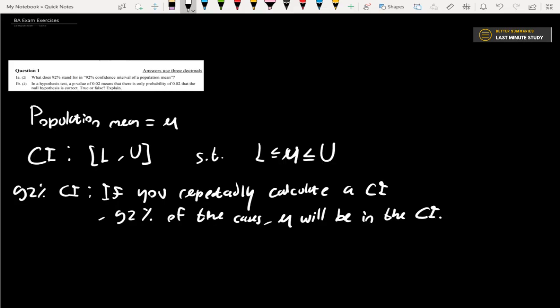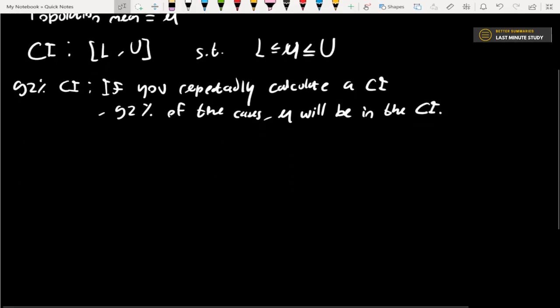Does that make sense? Well, yes. Because we calculate a confidence interval for mu, we're 92% confident that mu is gonna be in this interval. So if we keep constructing confidence intervals, then in 92% of the cases, so 92% of these intervals will contain mu, right? Well, that's part A.